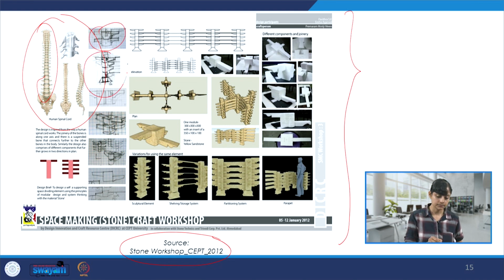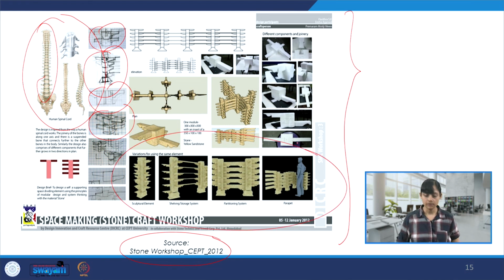And then if we use stone, the leftover pieces of stone from the industry, and capitalizing on the attribute of modularity, we use this human anatomy and interlocking system and try to translate it to these modular pieces of stone and design some kind of a system where through permutation and combination of these modules and different arrangements we could achieve space-making elements or different functions within an interior architecture project.